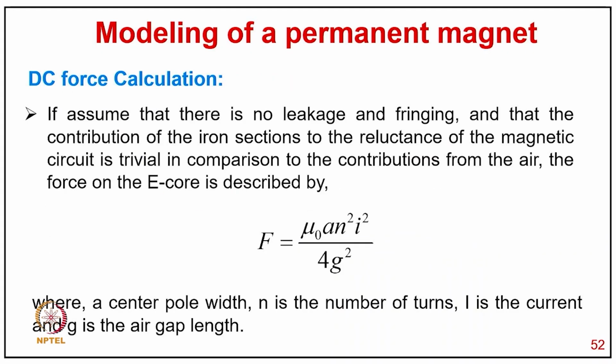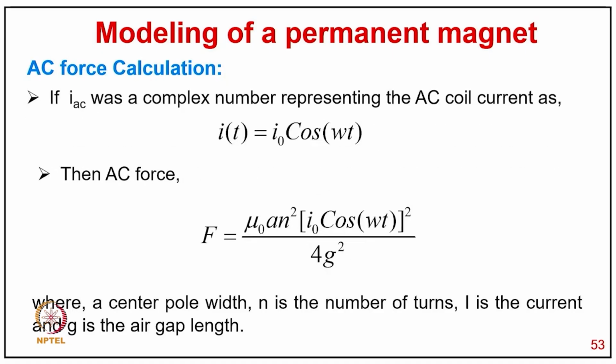Now coming to DC force calculation. If I assume that there is no leakage and fringing, and that the contribution of the iron sections to the reluctance of the magnetic circuit is trivial in comparison to the contribution of air, the force on the E core is described as F equal to mu 0 N squared I squared A divided by 4G squared, where A is the center pole width, N is the number of turns, I is the current, and G is the air gap length.